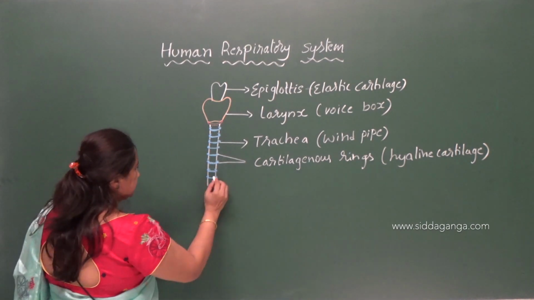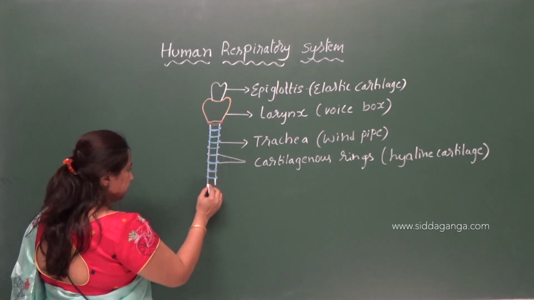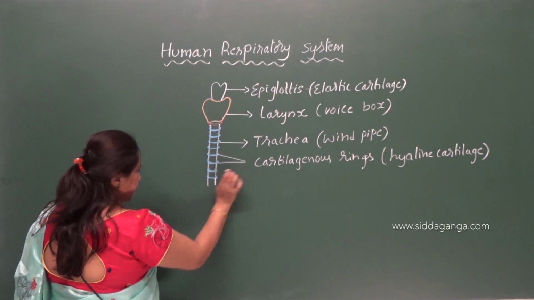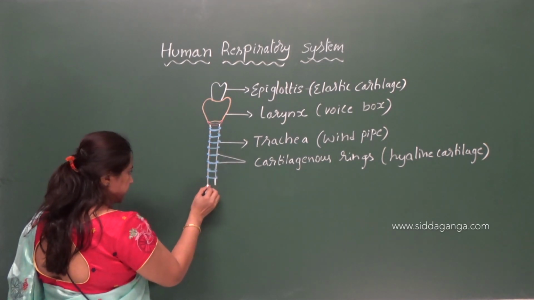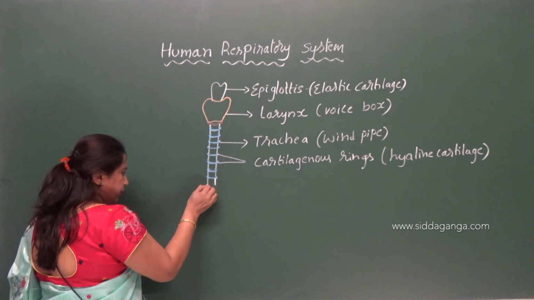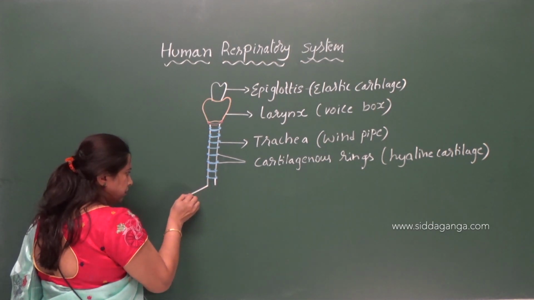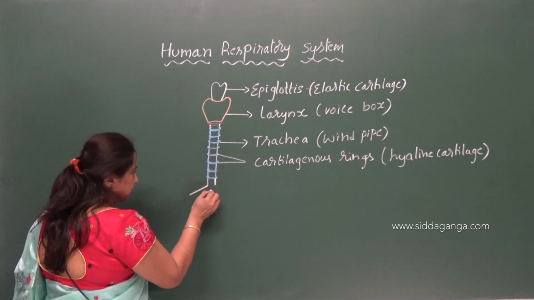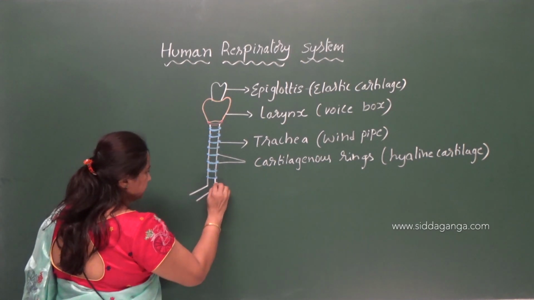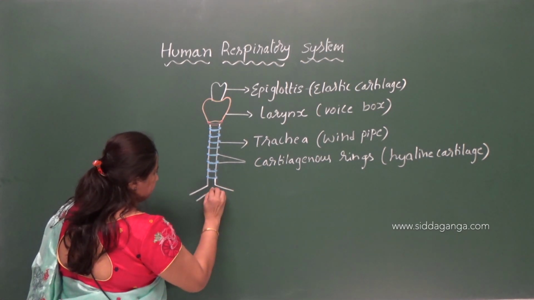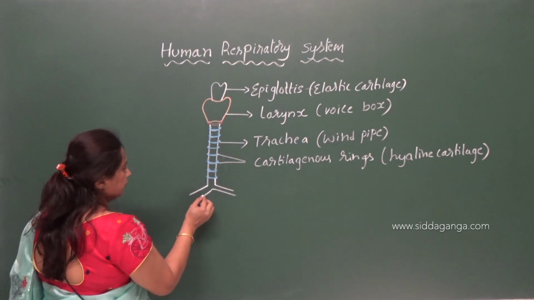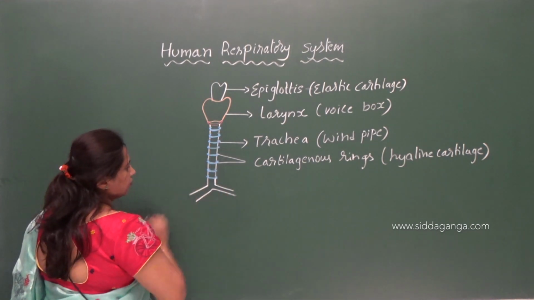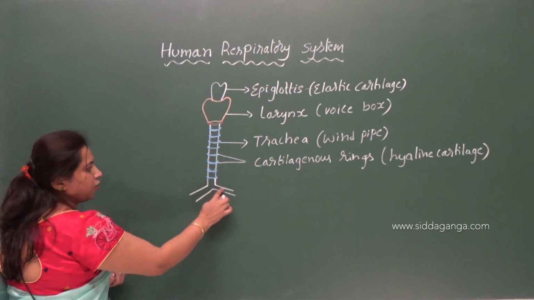So once the trachea enters the thoracic cavity, it runs up to the middle of the thoracic cavity, and in the mid thoracic cavity the trachea divides into two branches. The branches are called what? Primary bronchi.